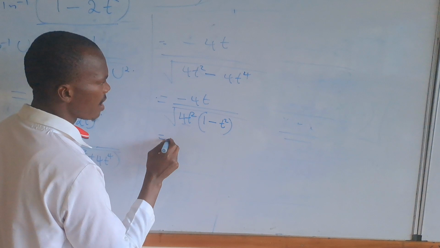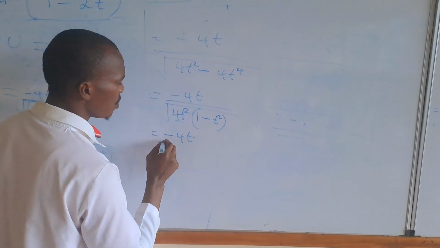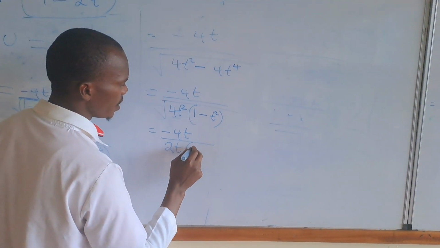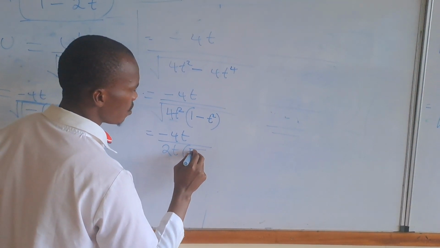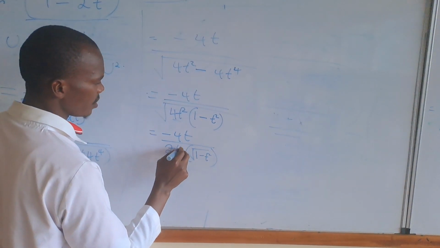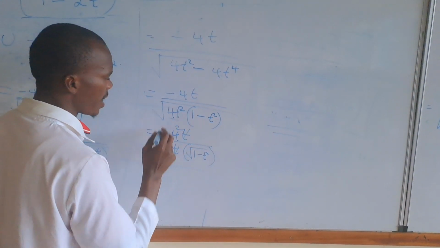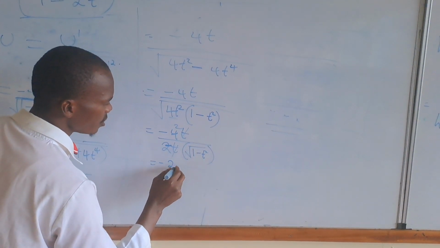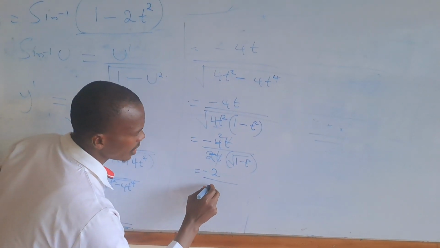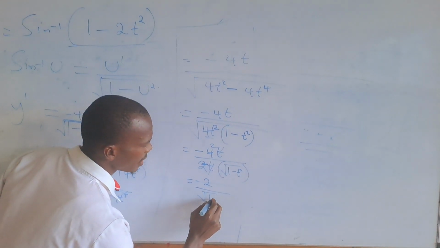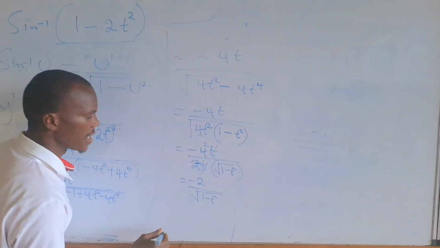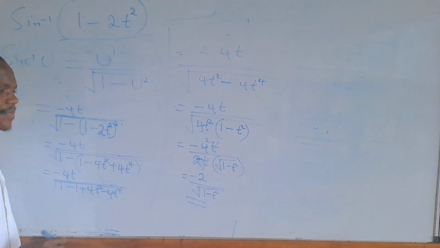Therefore we'll have negative 4t over 2t into the square root of 1 minus t squared, like that. So this t will go with the t, 2 goes here 2 times. So therefore we have negative 2 over root 1 minus t squared again, and that becomes your answer.